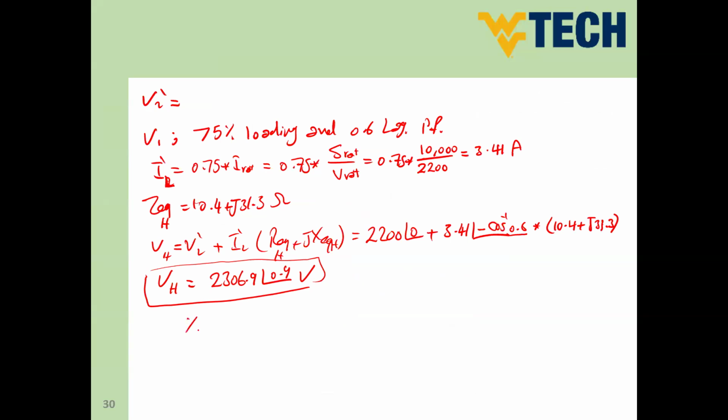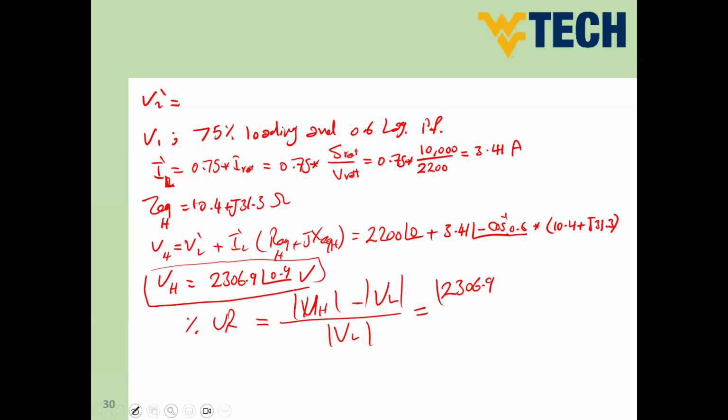Now, the percent volt regulation is V high, absolute value without angles, minus V low, divided by V low. So 2306.9. Let's say just magnitude without mentioning any other absolute values.